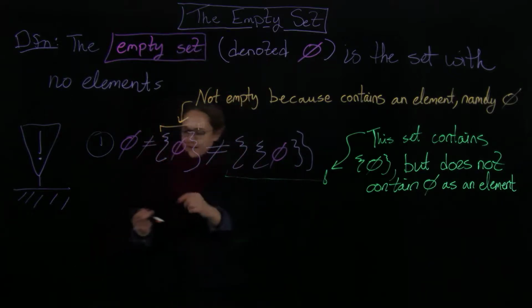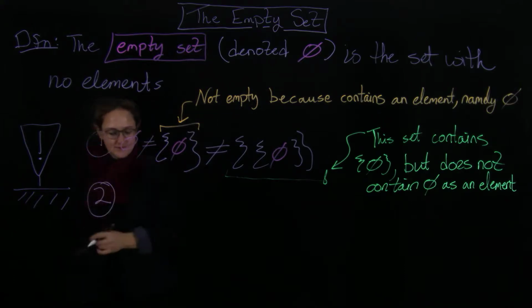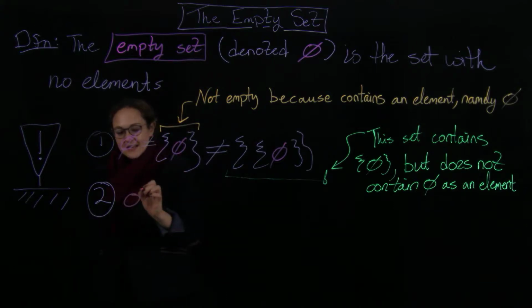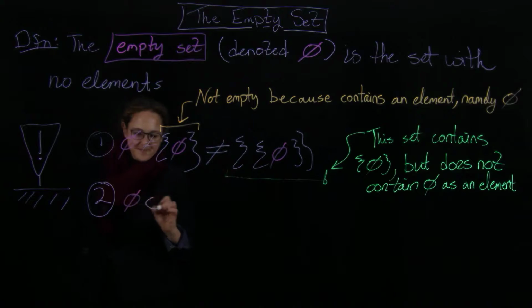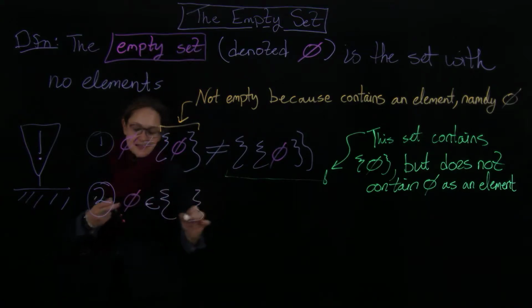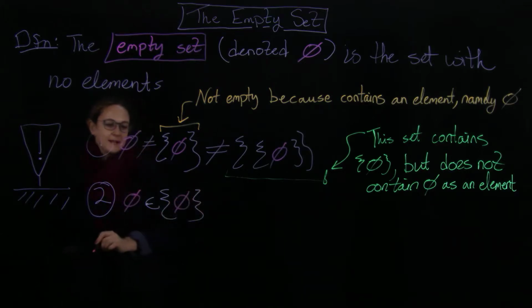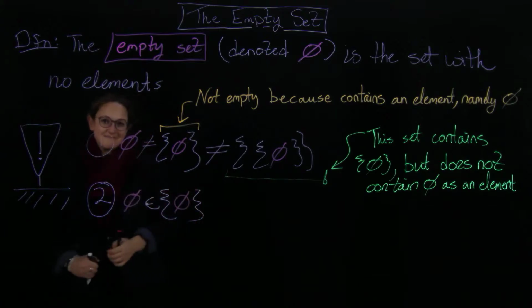Okay, here's your second warning, or cautionary tale, when it comes to the empty set, which is that the empty set is an element of the set that contains the empty set. Because if you remove the brackets, you see it's in there.